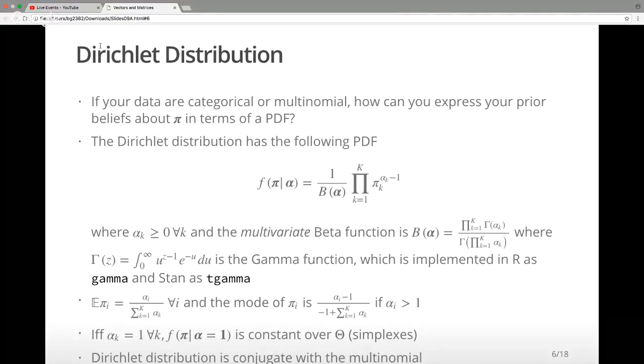Then you don't have this conjugate relationship, and you would need to use something like Stan to estimate the posterior distribution, but you're going to be using Stan to estimate the posterior distribution anyway. So the fact that many decades ago Bayesians were exploiting the conjugacy of the multinomial likelihood and the Dirichlet prior is sort of a historical artifact.